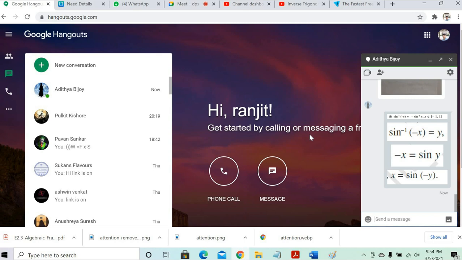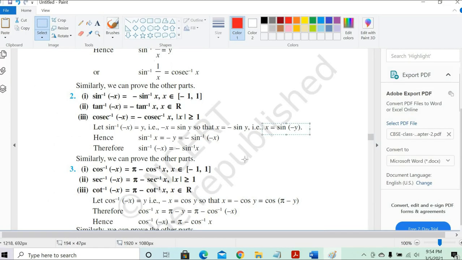So x is equal to sine of minus y. Clear?